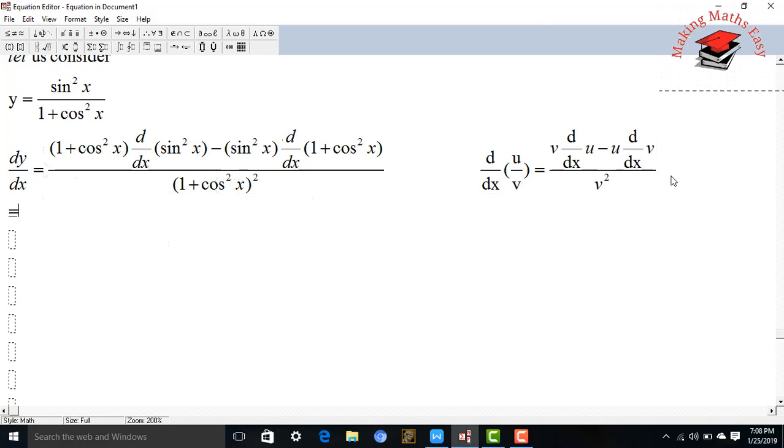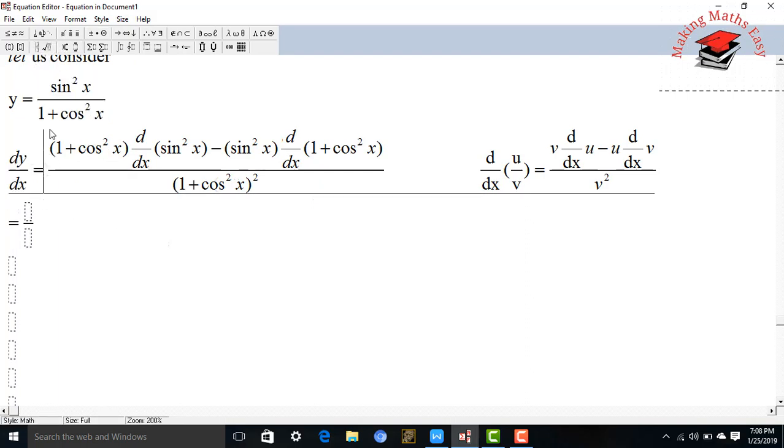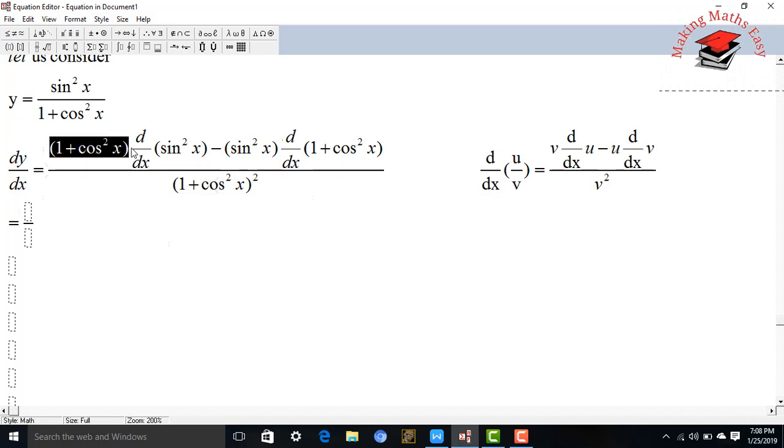Now for further derivation, we have to write it as it is. This 1 plus cos square x will remain as it is, and the function sin square x we have to derive. The derivative of sin square x is equal to 2 sin x, as we know, n into x raised to n minus 1, where my value of n is equal to 2.